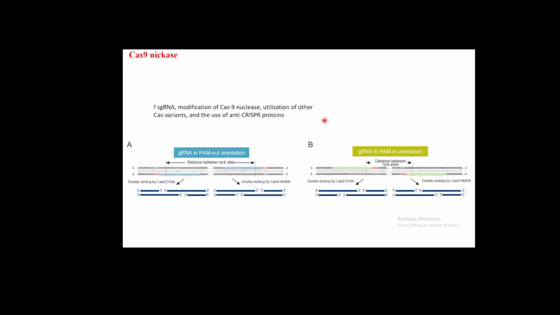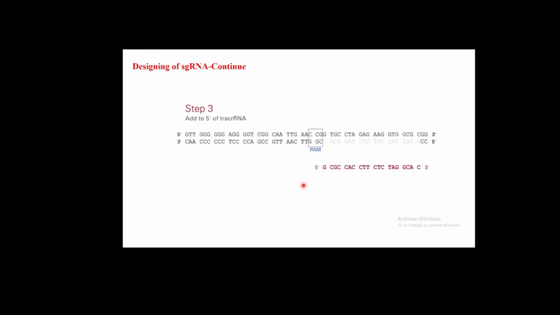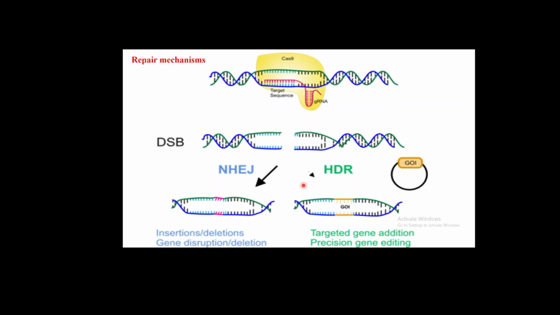But if there are overhangs, then there is not much random addition and deletion of bases, because the other strand works as a template. So you can reduce the off-target effects, and you can also reduce the randomness of the indels, which are the insertions and deletions, as you can see here.